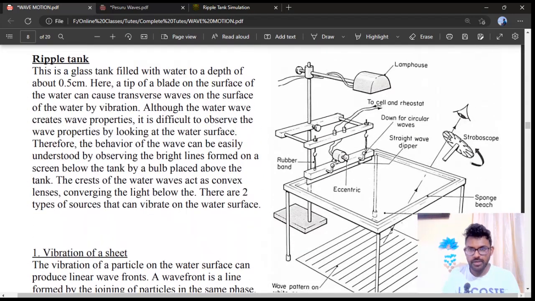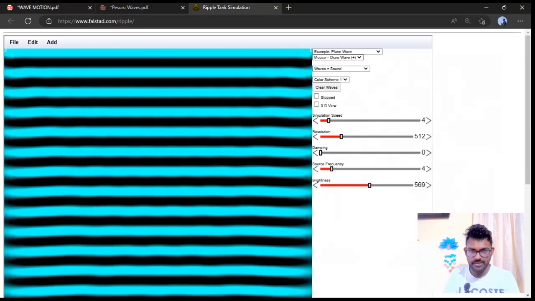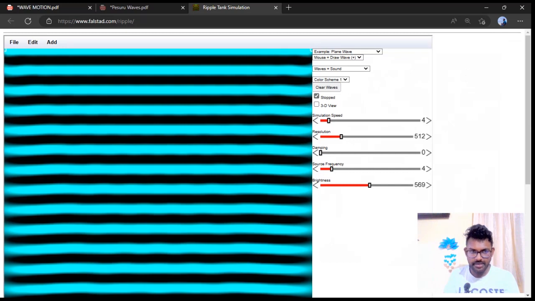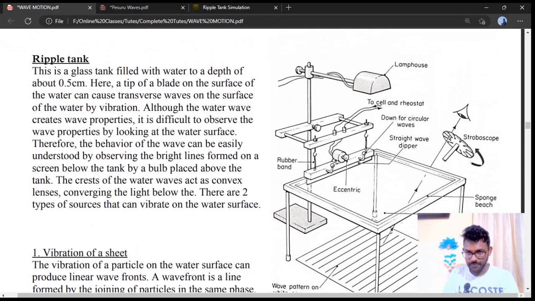So in order to see these waves freeze, in this simulation, you can just tick this, then it gets stopped, right? So we can see the moving wave similar to a wave that is frozen, the wave that is not moving, with the help of this stroboscope, right?